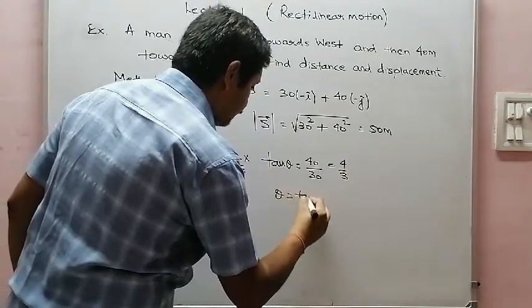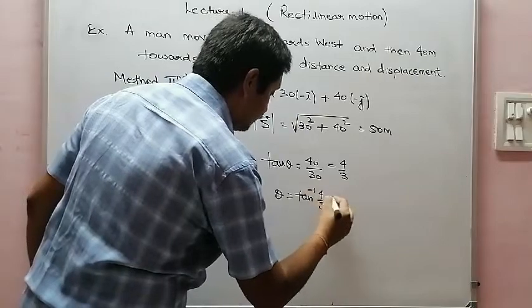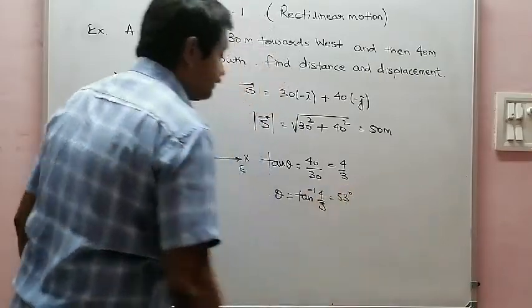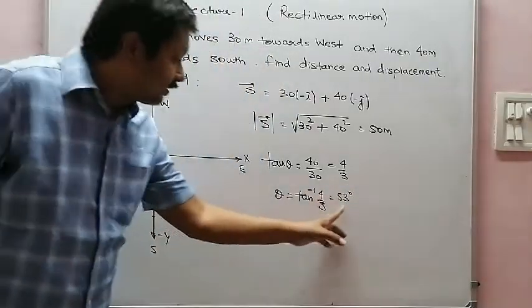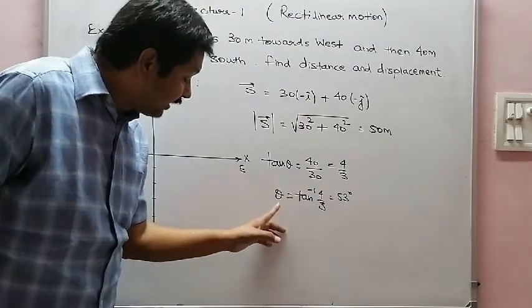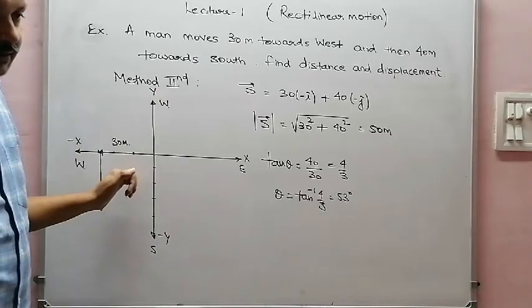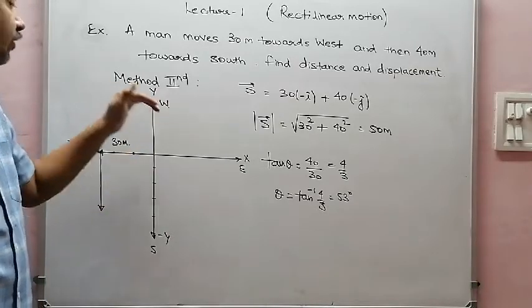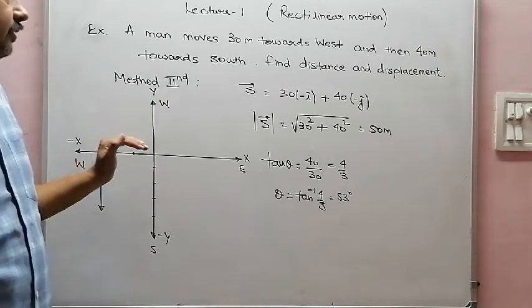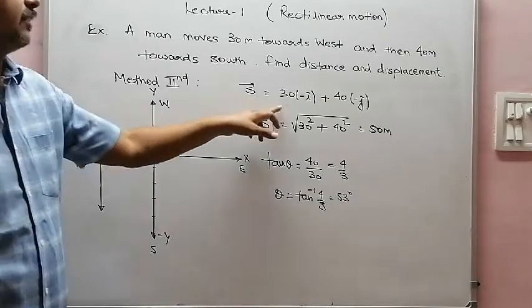Theta is tan inverse 4 by 3, meaning 53 degree. So this angle theta is to be made with the x-axis. Now the x-axis comes in all the four quadrants. So in which quadrant does this vector lie?